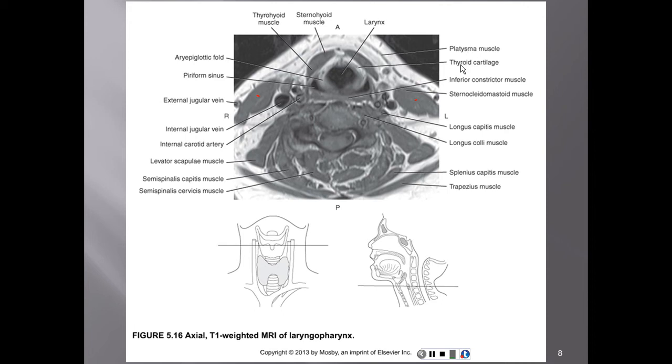Important pieces of anatomy to identify from this slide: thyroid cartilage, the platysma muscle. Right there, you might think it's thin, but it actually wraps the entire bottom portion of the mouth. So if we had the platysma muscle come down like that, it actually fans out.